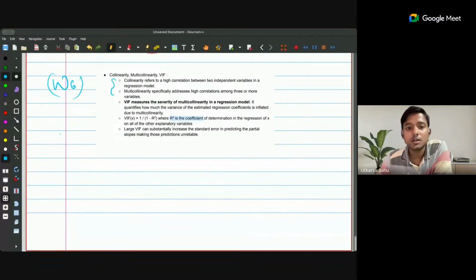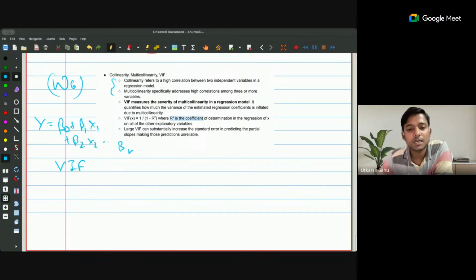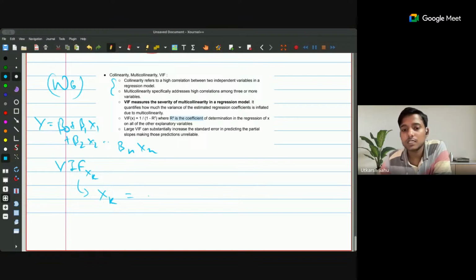VIF is very important. Whenever you are finding, let's say VIF, if you have a model y equals beta 0 plus beta 1 x1 plus beta 2 x2 and so on up to beta n xn. So if I'm saying find variance inflation factor just for, let's say, xk, that means you will be making a model with xk here and all other variables here.